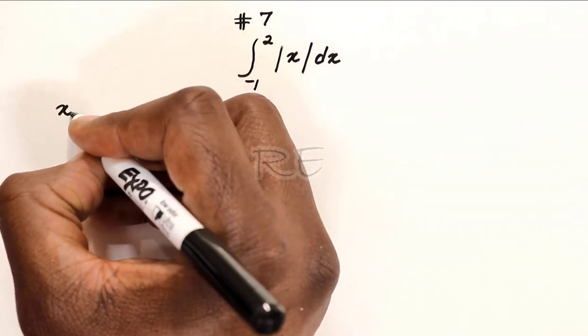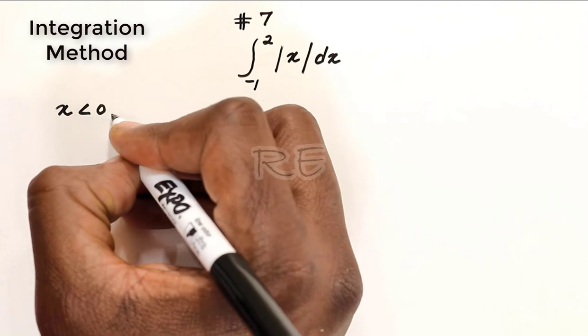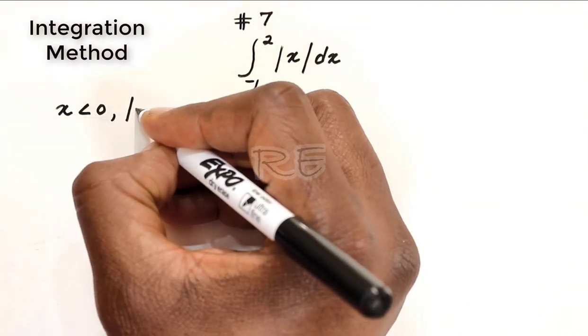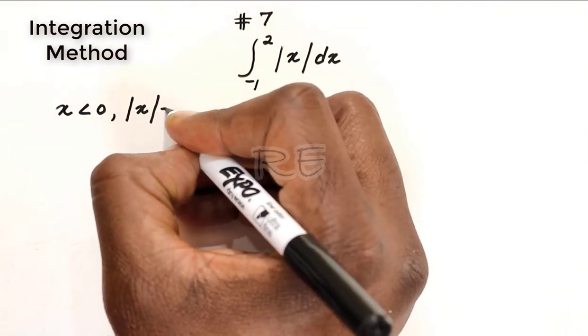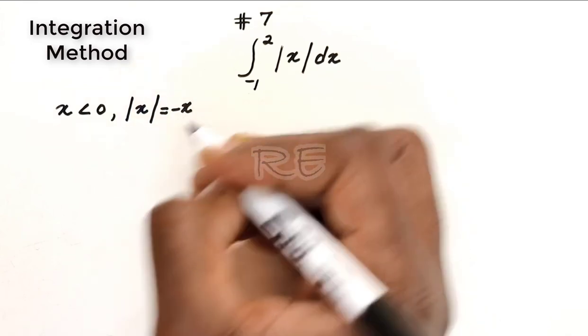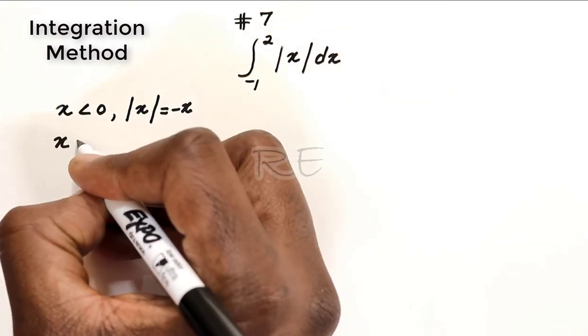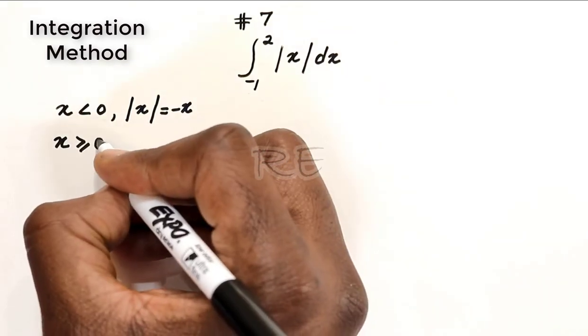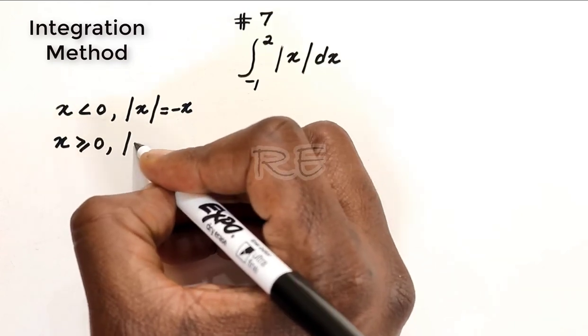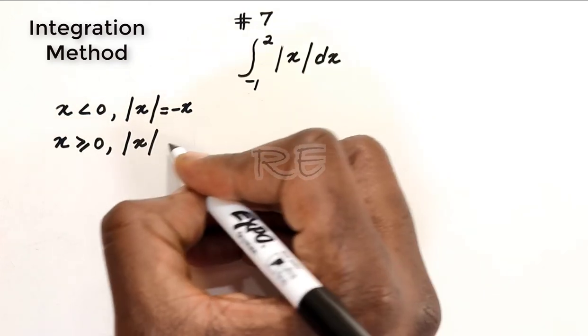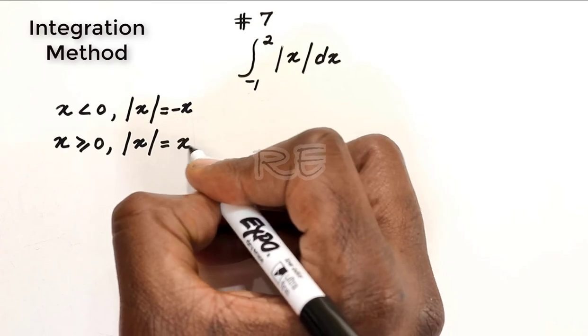To solve by integration, we need to remember that if x is strictly less than 0, the absolute value of x is equal to its opposite. And if x is greater than 0, the absolute value of x, well, it's equal to x.